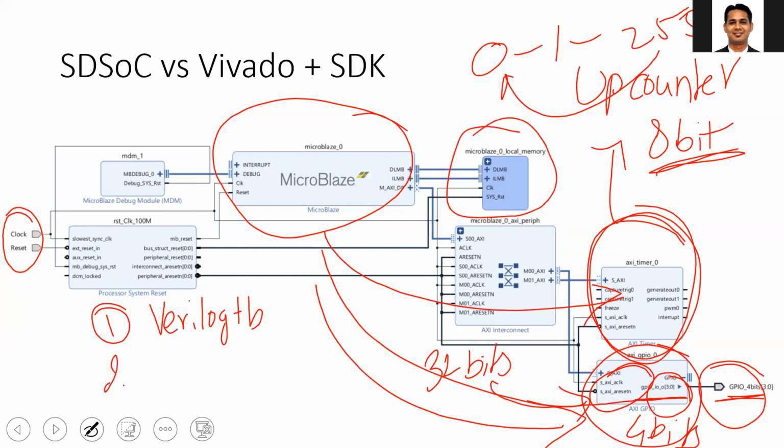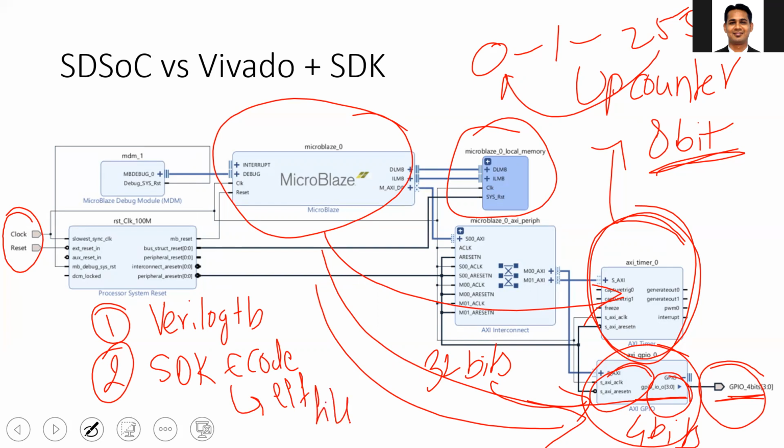So what we are going to do is write a C code in the SDK for the application we want, and this C code will be converted into the ELF file. We copy this ELF file into this local memory, so that when we start the clock and remove the reset, your microblaze has already started and it will execute the instructions in this ELF file one by one.